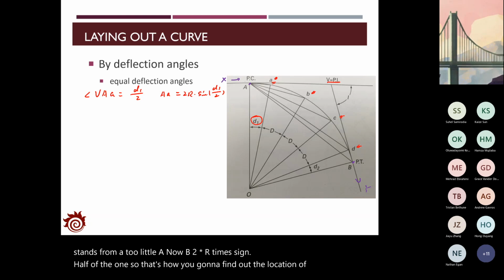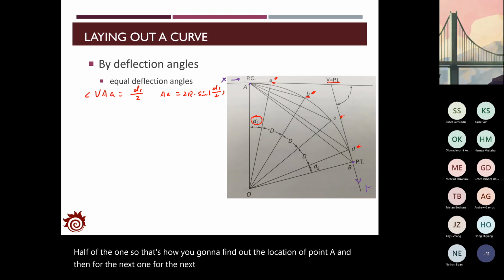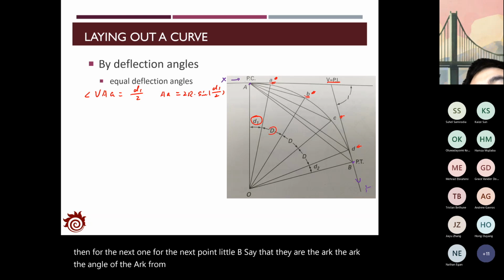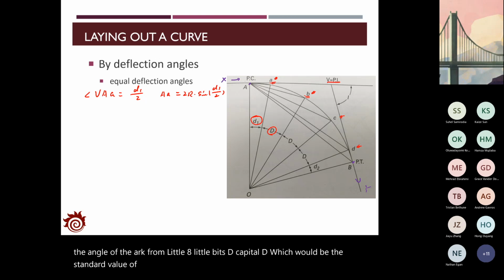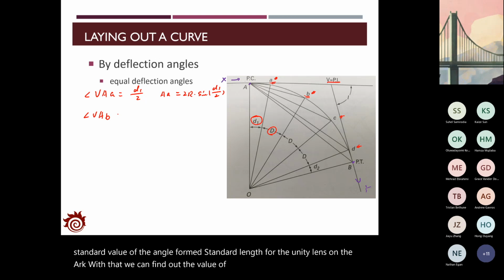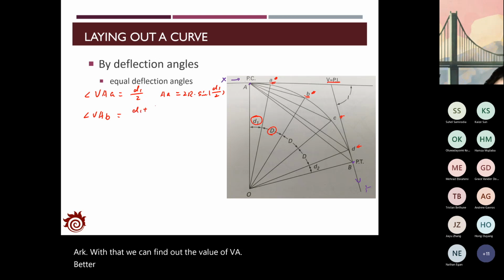And then for the next point, the letter b, say that the angle of the arc from letter a to letter b is D, capital D, which would be the standard value, the angle for the standard length, for the unit length on the arc. With that, we can find out the value of VA letter b would be (d1 plus D) divided by 2.